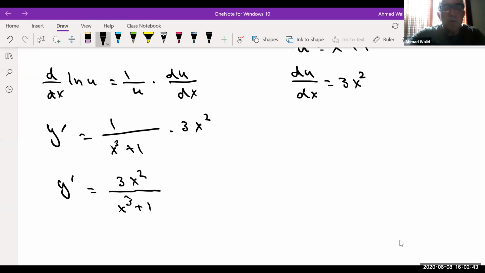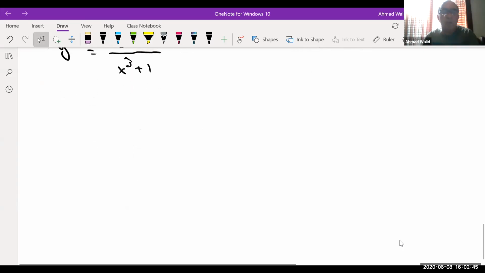Great. If you use the second formula, which is, I told you, they are the same, your equation was like this: y equals ln of x cubed plus 1.